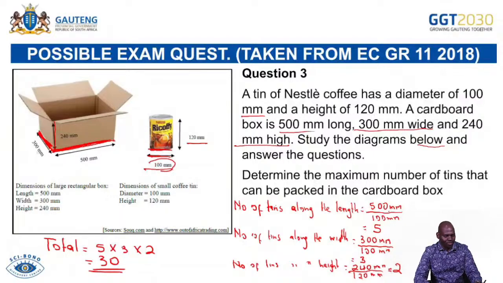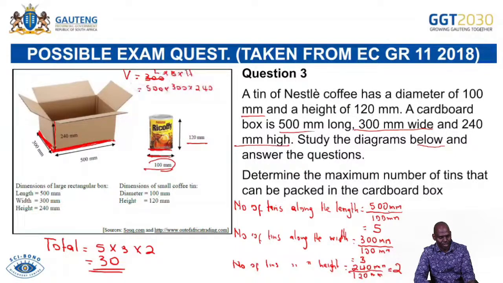The volume of the box will be length times breadth times height. I just want to do it in the correct order. The length is 500, the breadth is 300, the height is 240.